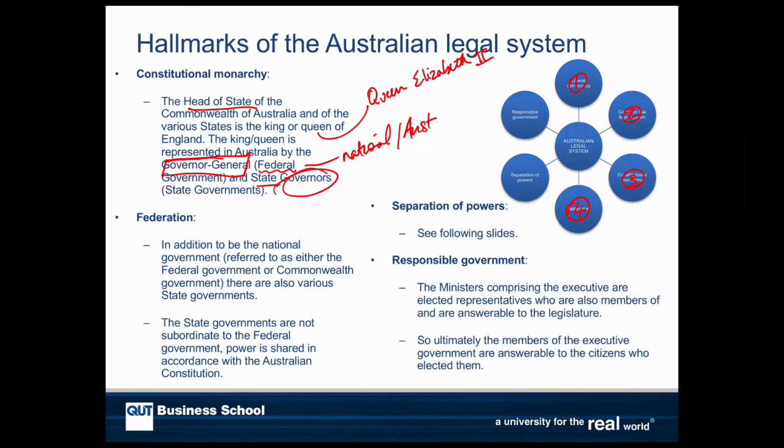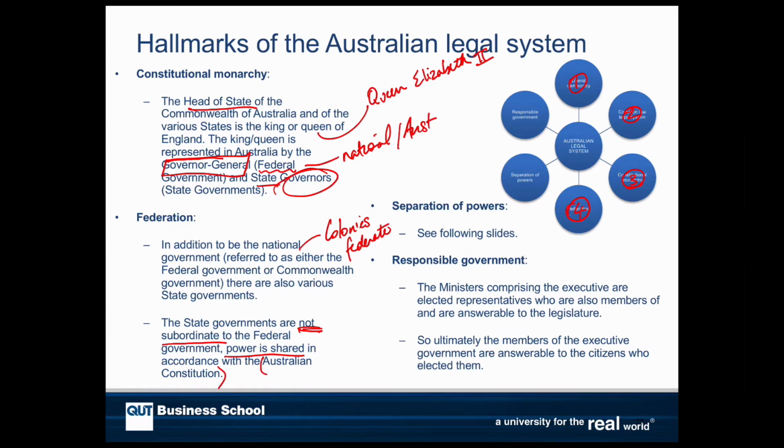Now, as we've mentioned, Australia is a federation. What that means is that the states came together. Well, actually, they were colonies at the time. They came together and became states under the federation. This is really important: they're not subordinate to the federal government. It's rather that power is shared between them, and different power in different areas is shared between them according to the Constitution.